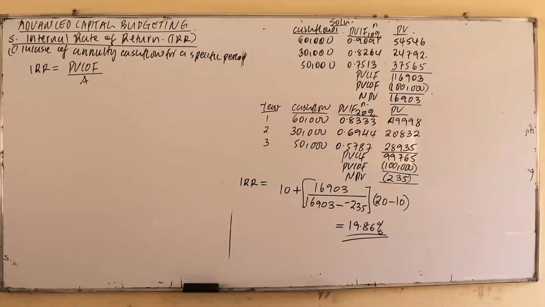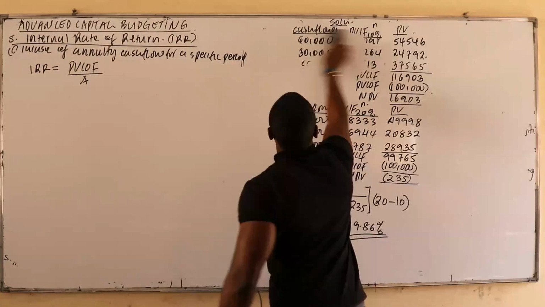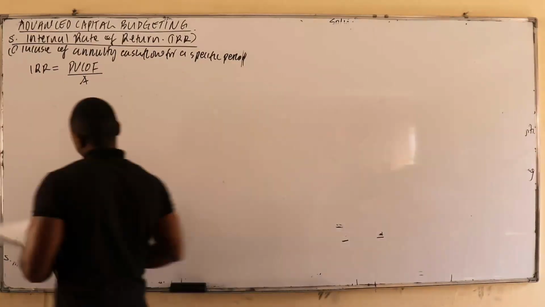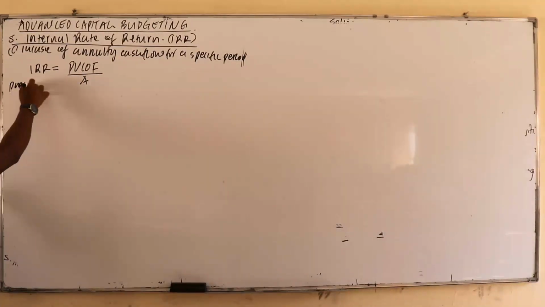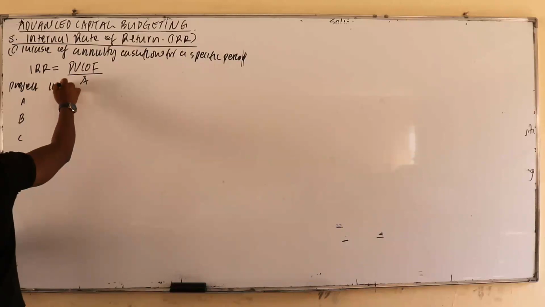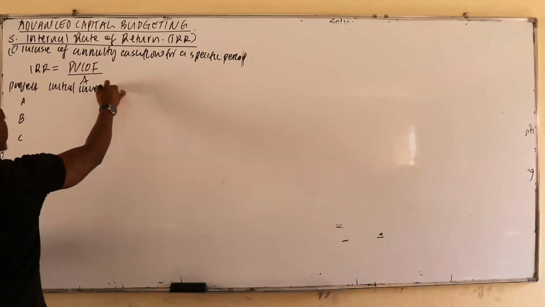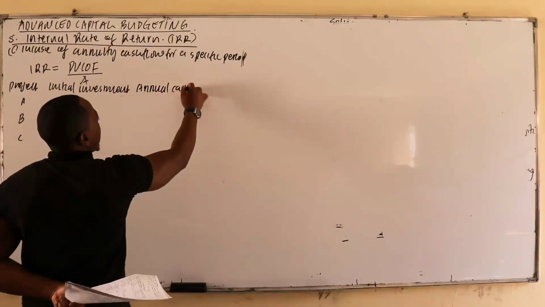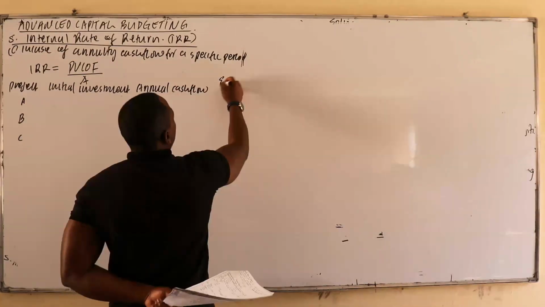Consider the following 3 projects. So here we have project A, B, C. Then we have the initial investment, then we have annual cash flows, then we have economic period.